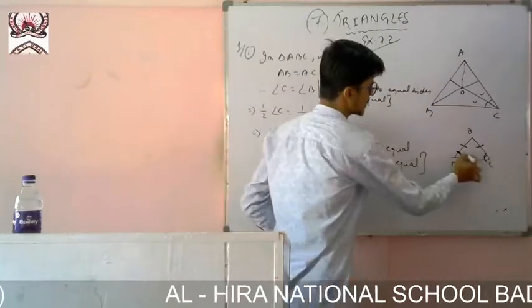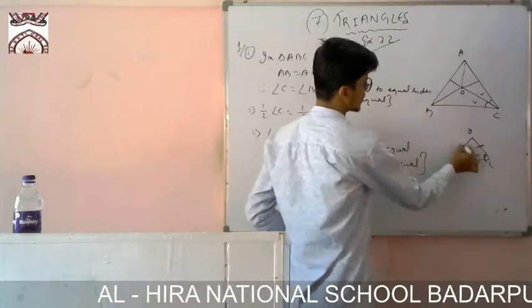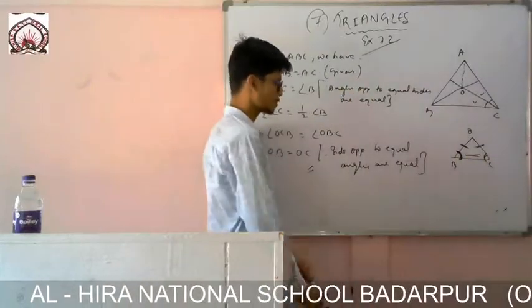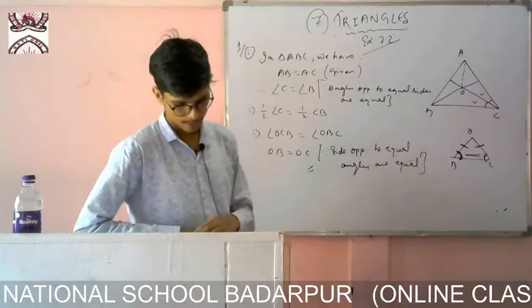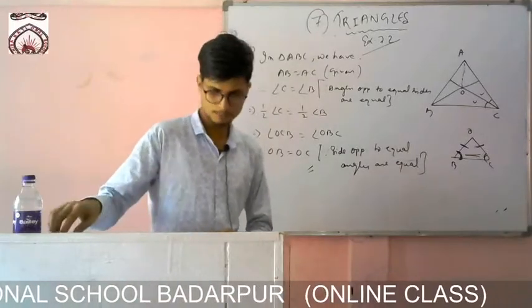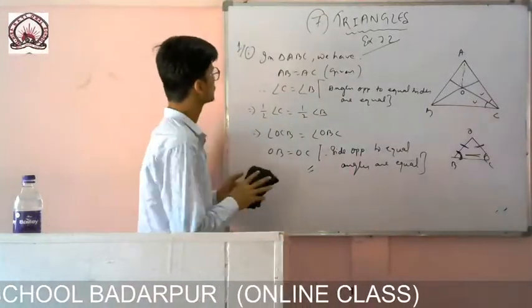If these two angles are equal, then I can say that the sides opposite to equal angles are also equal. So the first one I have proved very easily. Now let us move to the next one, Roman number 2.